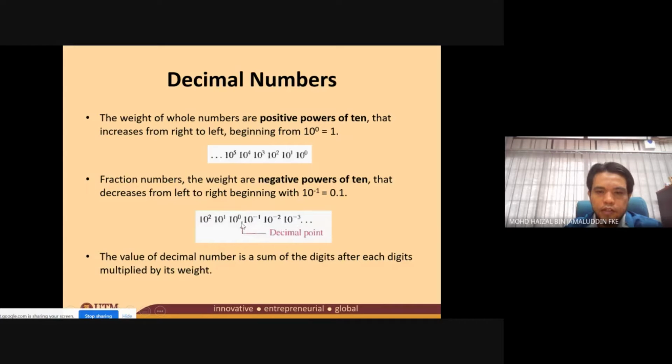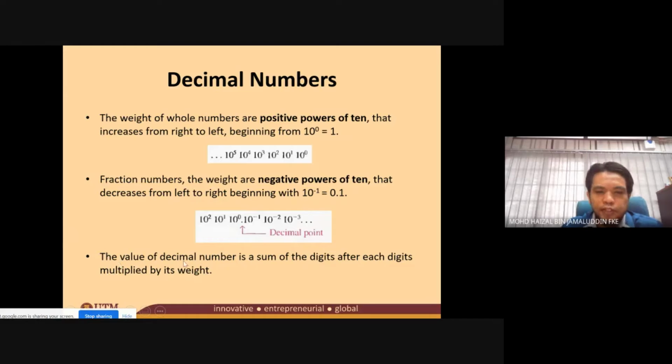After the decimal point, you will have the negative powers of 10 from left to right. And for the whole number, it moves from right to left.